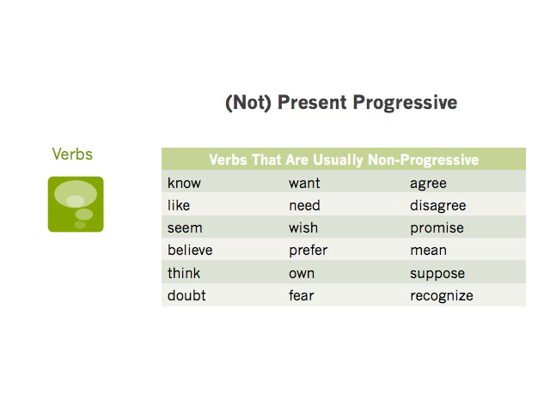While these words may appear in different form in some different parts of speech, as nouns or adjectives, we avoid using them to express actions in progress. Examples include know, want, and agree. We don't say, I am knowing the answer to the question. Instead, we say, I know the answer to the question.